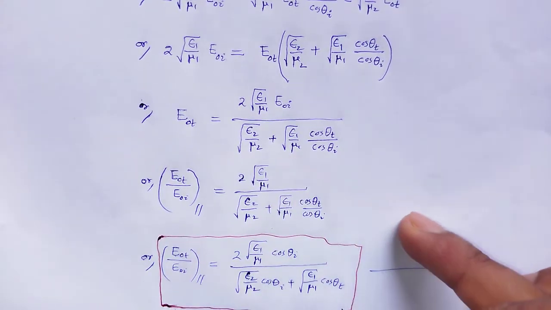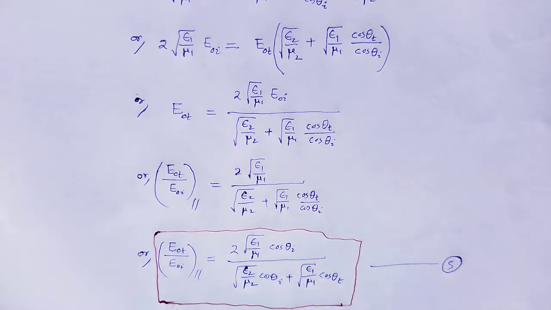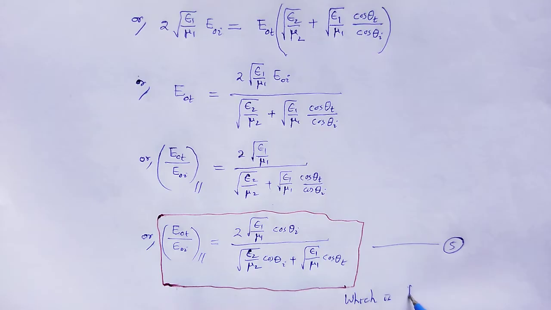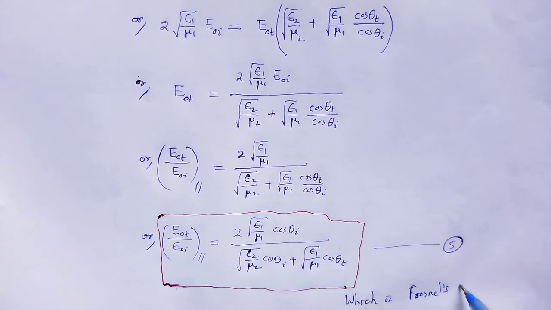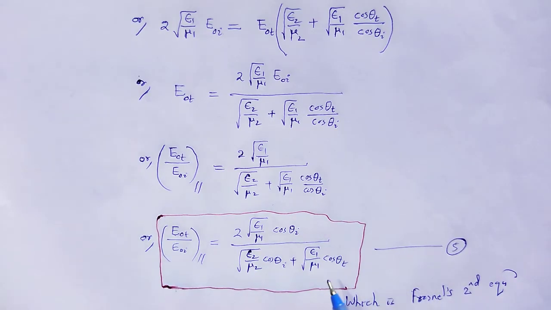Mathematically, we finally conclude the ratio of EOT divided by EOI in the parallel situation, which is Fresnel's second equation, under the condition when the E vector is parallel to the plane of incidence.